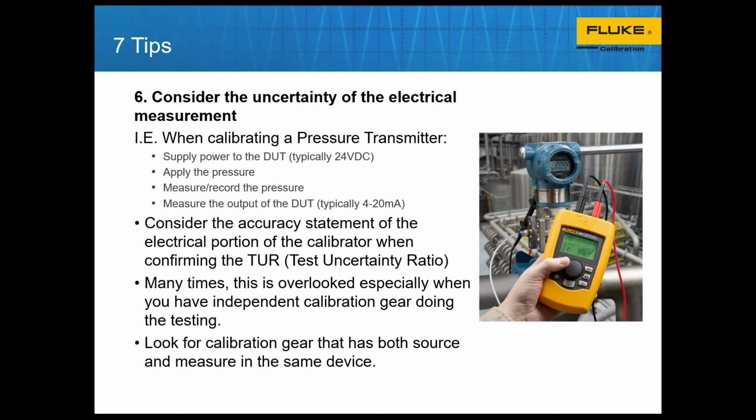If they had a pressure gauge and a hand pump and then a process meter like a 789, they'll consider the process meter accuracy because it's independent, but when it's together, they may not consider that there's an electrical portion.